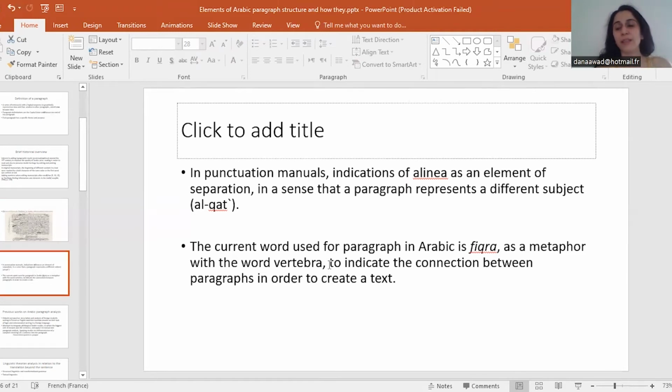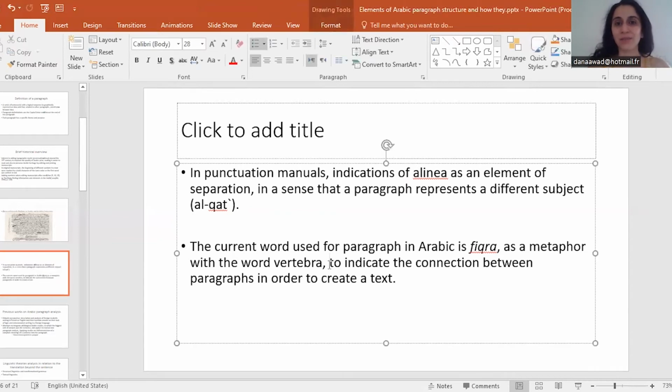But I haven't found yet how the concept evolved from qata', or separation, cut. Qata' means to cut in the sense of separate, and between fiqra. So how the concept evolved, I'm still searching for documentation that will help me track this evolution.